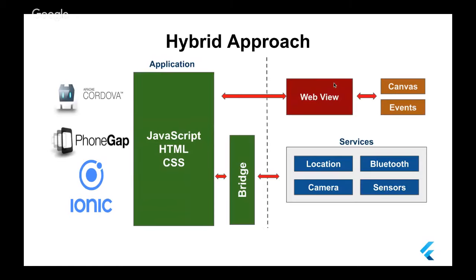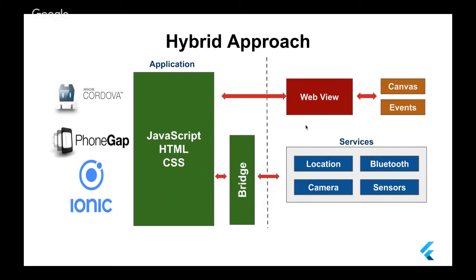So they removed the UI system that came with the operating system and replaced it with a web view, which we call an offline browser. And they display the code you are writing using JavaScript, HTML, or CSS inside this web view.